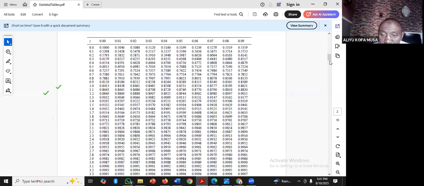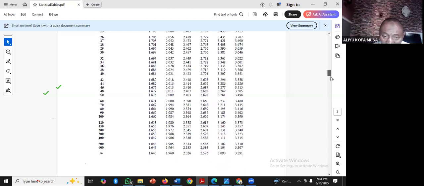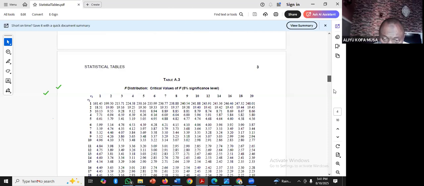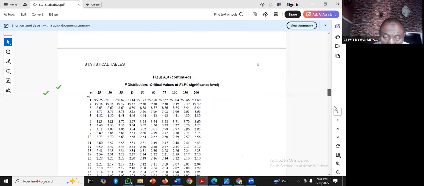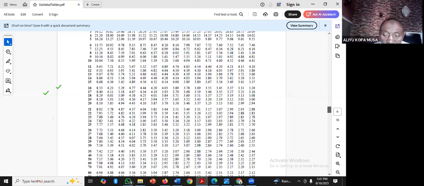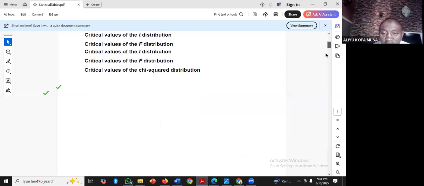So you can see the table, we have the table here. We have the T distribution table, you have it here. So you can see the F distribution at 5 significance level. So we are going to study this table. Okay, we'll study the table, but for the meantime, our problem has been solved here.